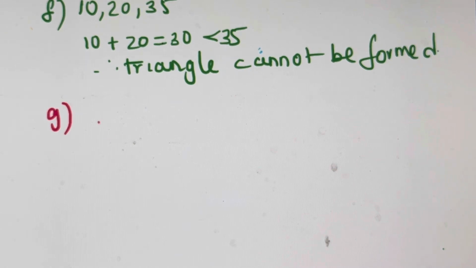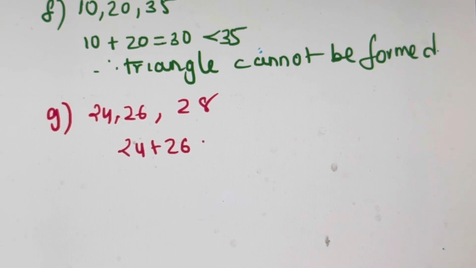In G, the side lengths are 24, 26 and 28. So if we take 24 plus 26, that's equal to 50. So that's greater than 28. So this is okay. Then we take 24 and 28.